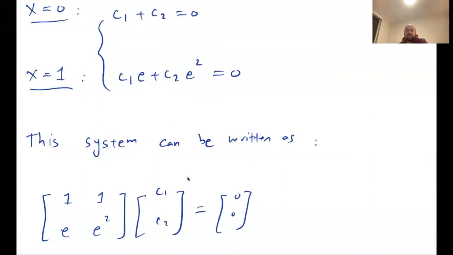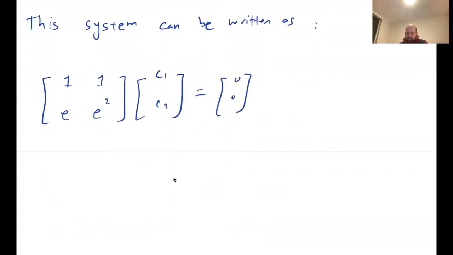You remember how matrix multiplication works from linear algebra. Matrix multiplication is row by column. So multiplying the first row by the column, I'll have C1 plus C2 equals 0, and then the second row by the column gives me C1 e plus C2 e squared equals 0 again. So this linear system can be written in matrix form this way.